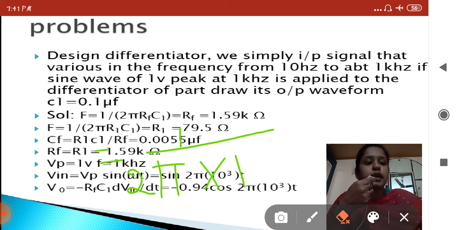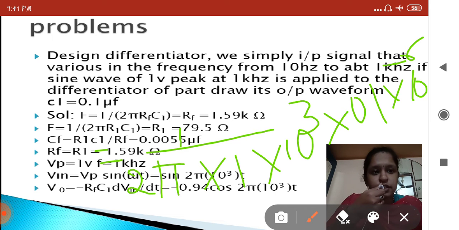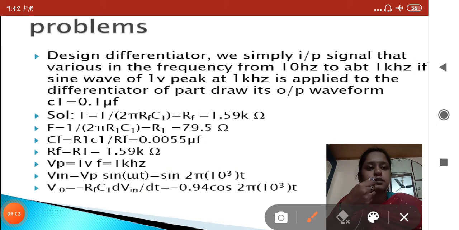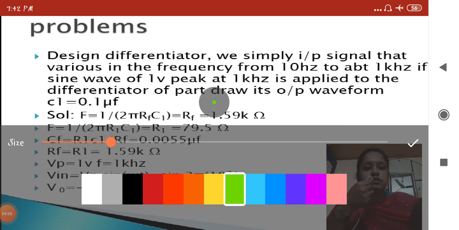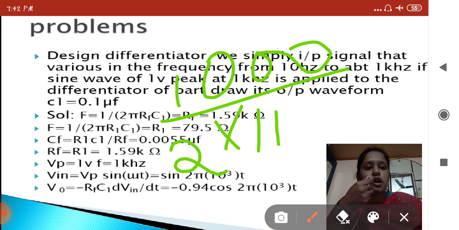What is the capacitor value? It is 0.1 into 10 raised to minus 6. The 10 raised to minus 6 goes to the numerator as 10 raised to plus 6, and with the 10 raised to plus 3 from the frequency, it becomes 10,000 divided by 2 into pi into 0.1.